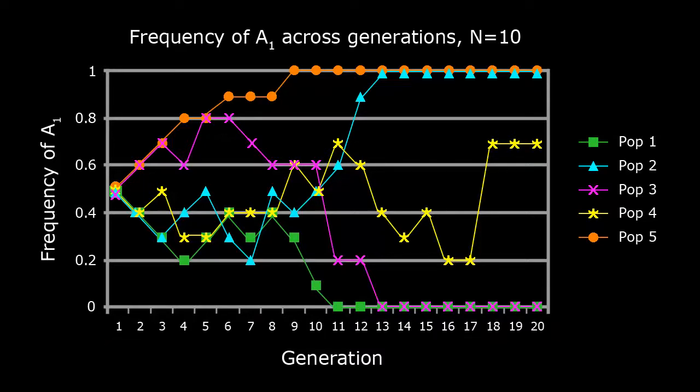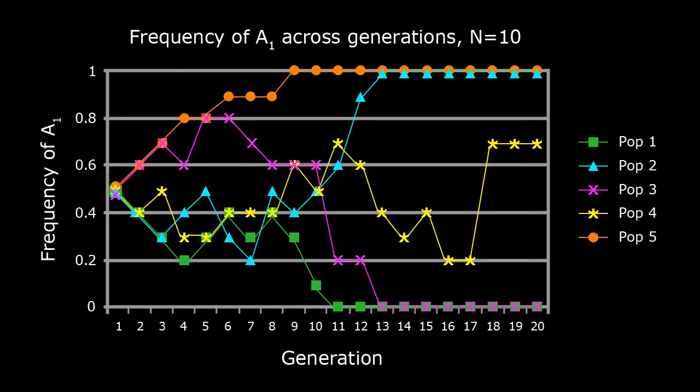And we'll chart the fate of our A1 allele. And remember, this is just a random process. There are no other factors influencing the frequency of A1 here, just randomness. So we start now with all of our populations having an allele frequency of A1 of 0.5.